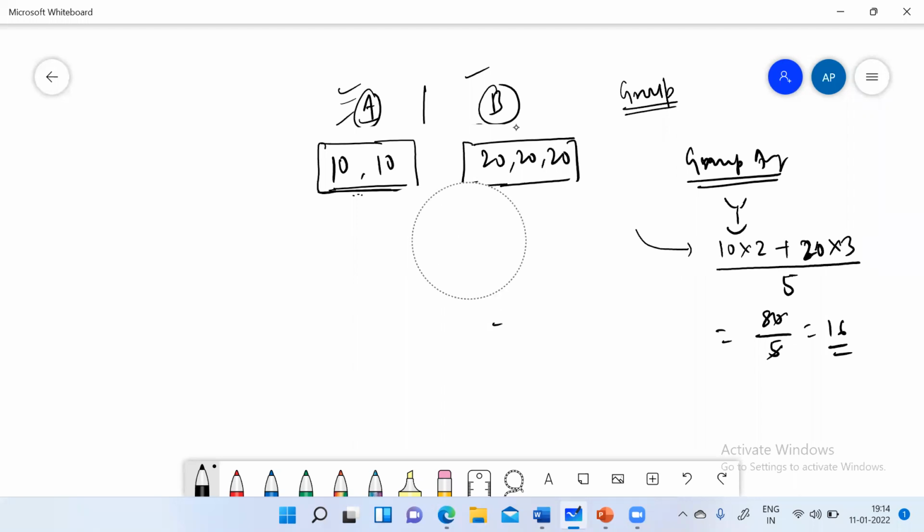There was one more point. What if the members increase in the same ratio?